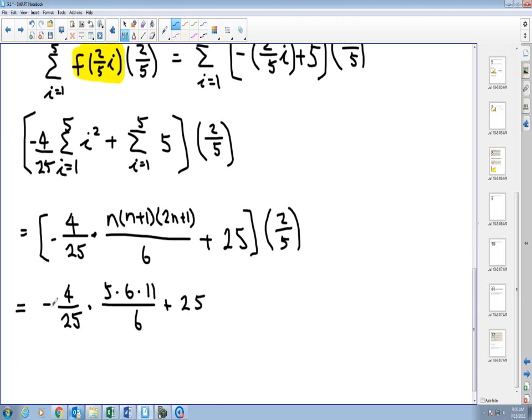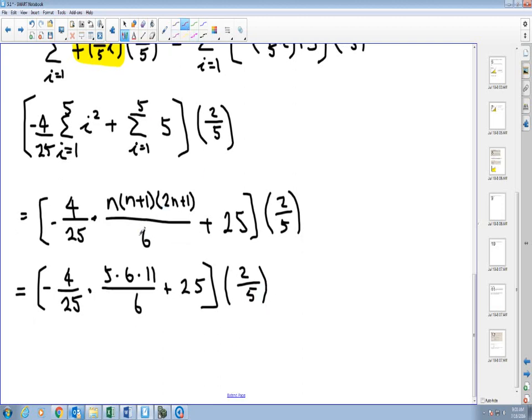Alright. Put them in the bracket, times 2/5 at the very end. Alright, I think 6 can cancel out. 5 and 25 cancel out, leaving a 5 down here. So what I got on top is negative 44 over 5 plus 25, times 2/5.